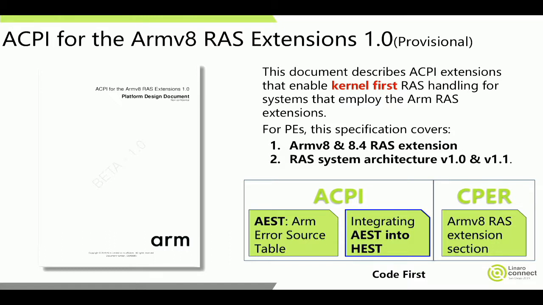So just now we were talking about firmware first, but if you really want to do kernel first, we need a way to describe the RAS extension error source. So the AEST table will help you to describe this error source.